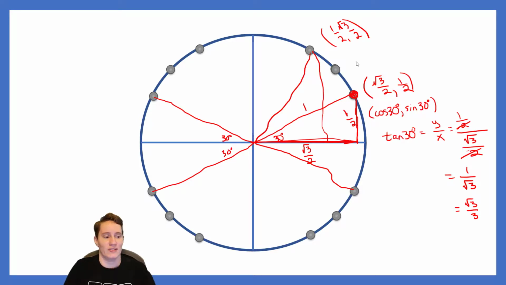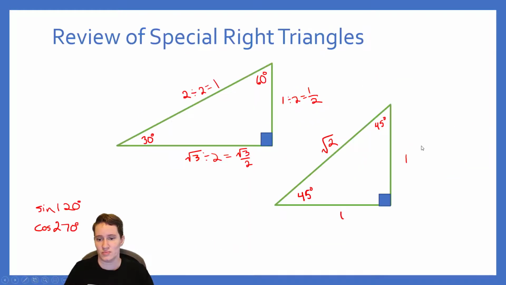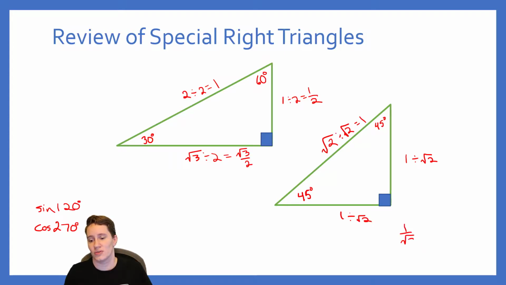For 45, 45, 90, here's what's going to happen. We have square root of 2 for our hypotenuse, but we want 1, so we need to divide by square root of 2, because that's going to give us 1, but that means we have to divide these other ones by square root of 2 as well, which gives us 1 over the square root of 2, which we rationalize to be square root of 2 over 2.